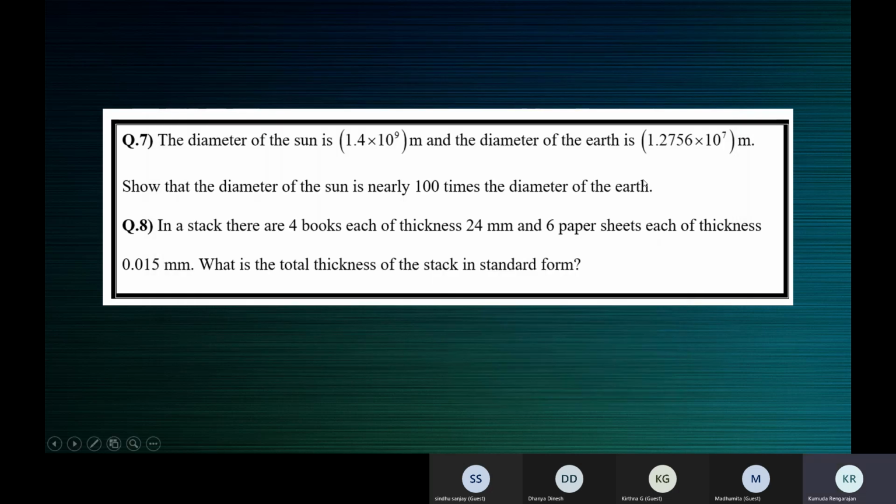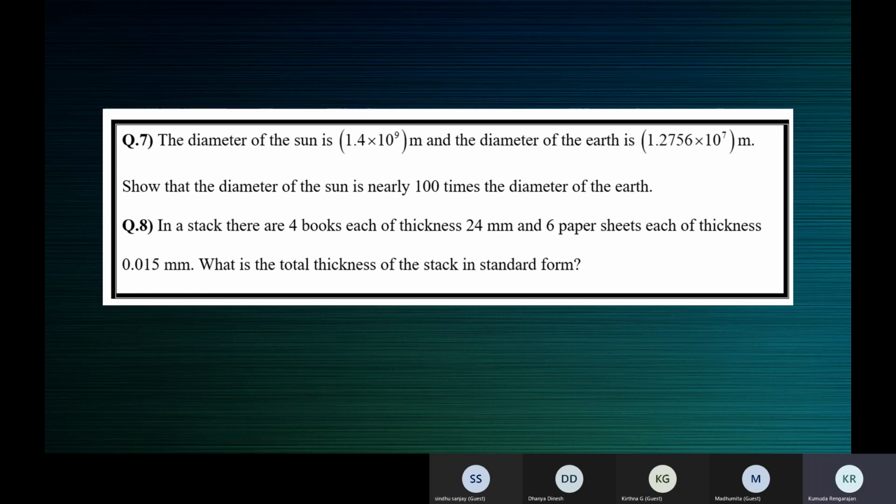What about the students who have completed, Danya and Kirtana? Have you tried the 7th and 8th one? Yes, ma'am. I have completed the 7th one. What about 8? Yes, ma'am. I also completed. Okay.